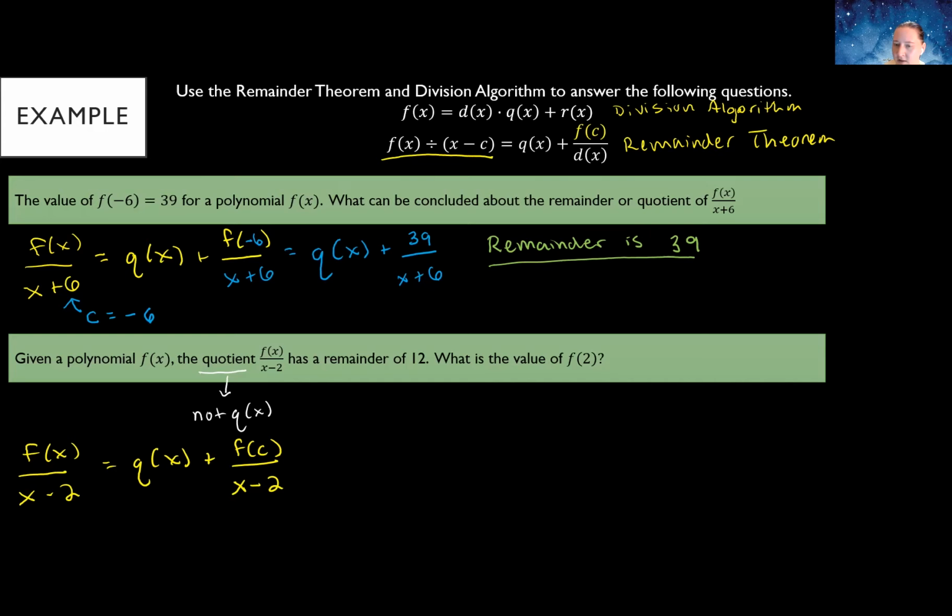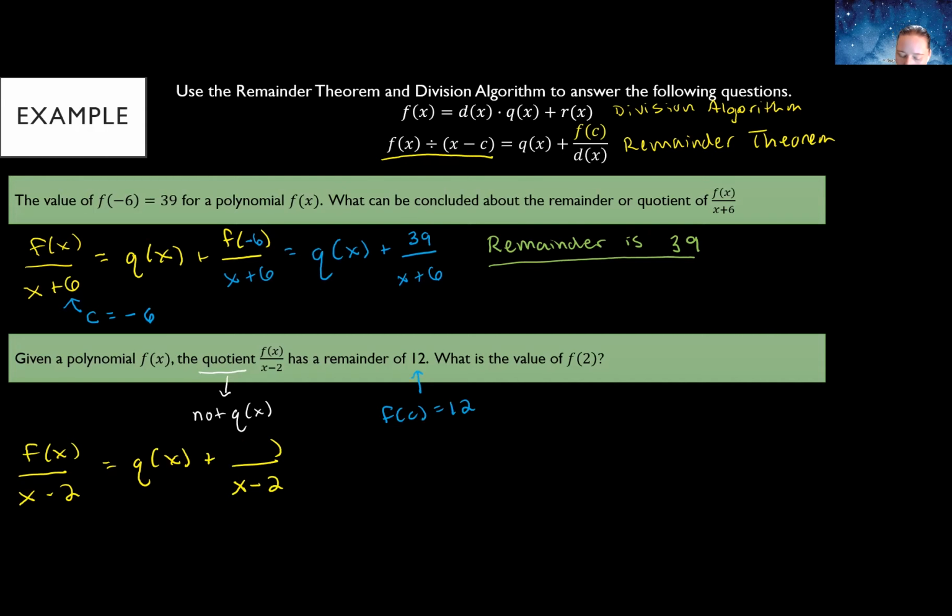We know it has a remainder of 12, so that tells us f of c is equal to 12.